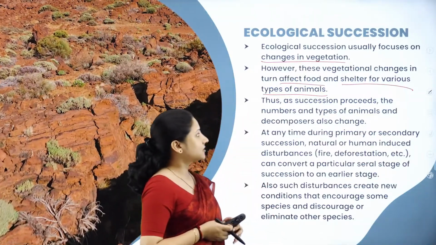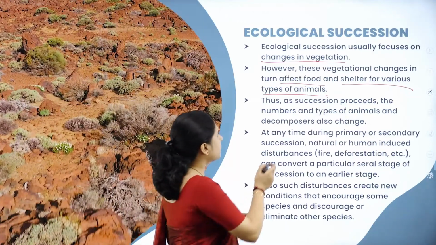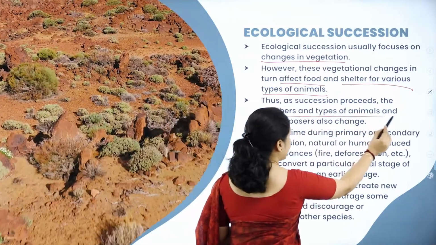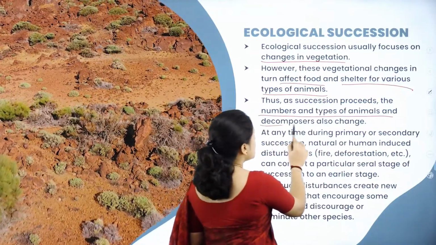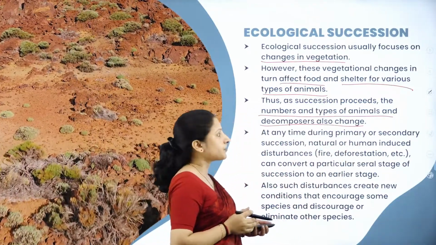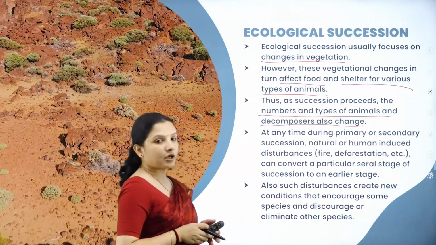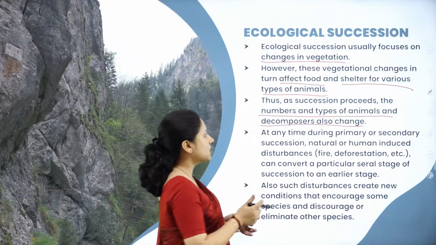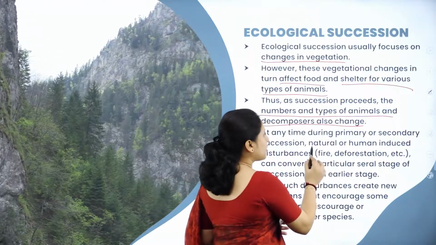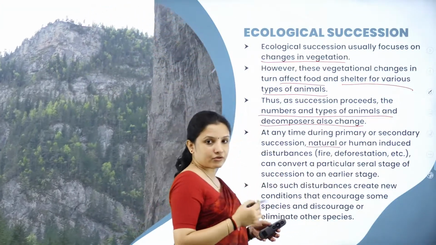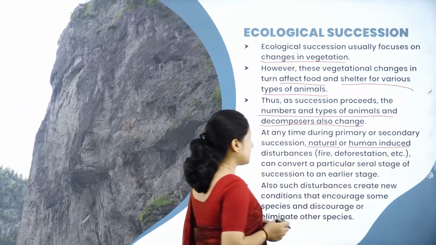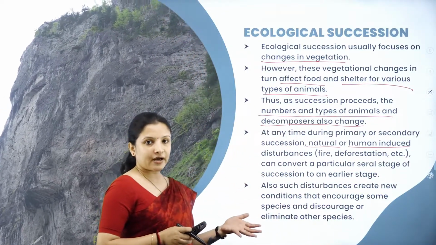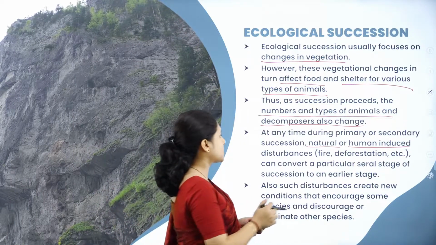So as succession proceeds, the number and types of animals and decomposers present in that area also change drastically. And at any time during primary or secondary succession, which can be because of natural processes due to climatic factors, or because of human intervention such as forest fire, deforestation, etc.